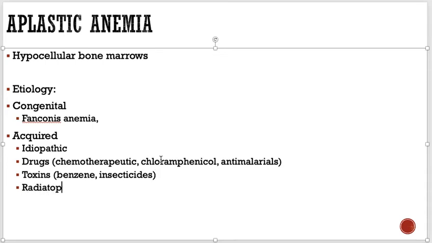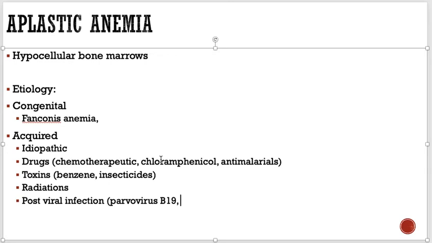Radiations can lead to failure of bone marrow, as well as post-viral infections. If you remember, in pediatrics I talked about parvovirus B19 infection, slap cheek syndrome. These can lead to aplastic anemia.